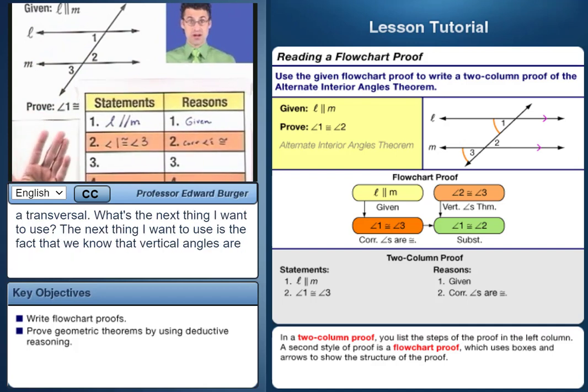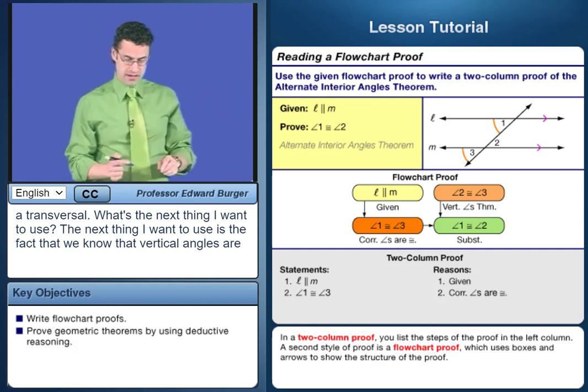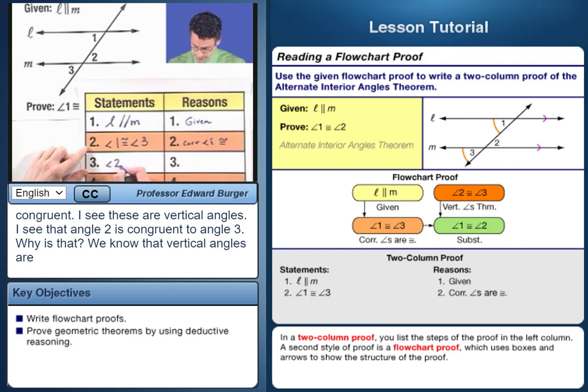What's the next thing that I want to use? The next thing is the fact that vertical angles are congruent. I see these are vertical angles, and so I see that angle 2 is congruent to angle 3. And why is that? Because we know that vertical angles are congruent.